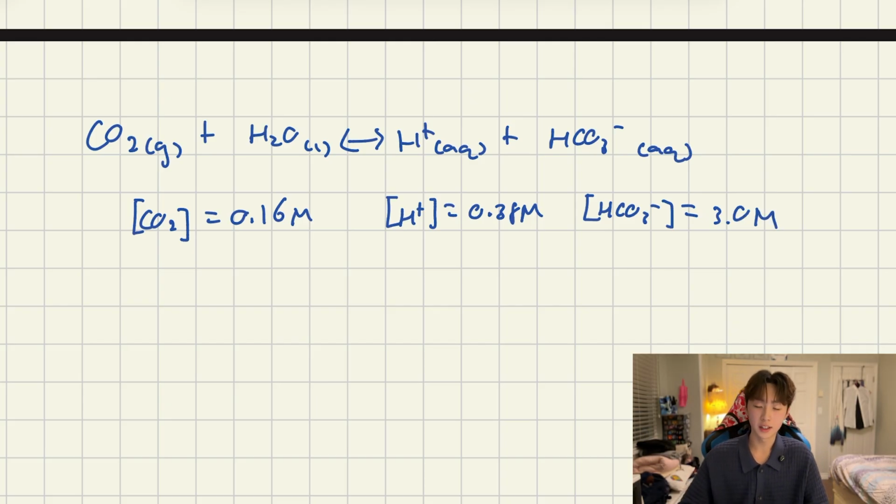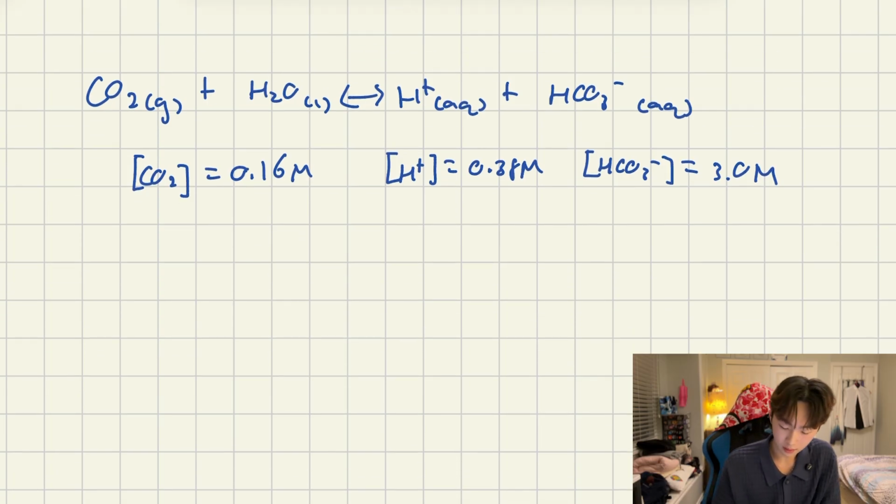Now let's try calculating KEQ. So in this equilibrium here, it tells us that the concentration of CO2 is 0.16 molar, the concentration of H+ is 0.38 molar, and the concentration of HCO3- is 3.0 molar. Now let's start by writing out the expression for KEQ.